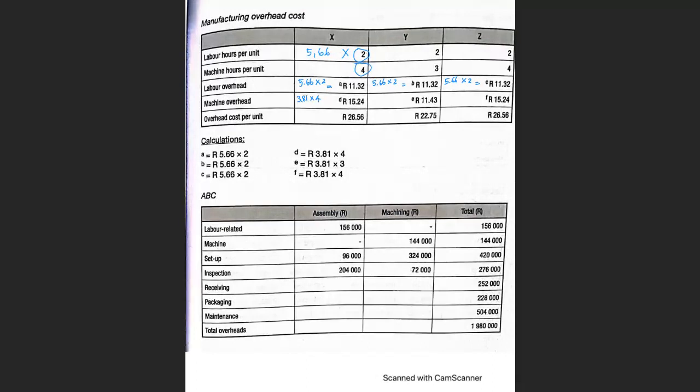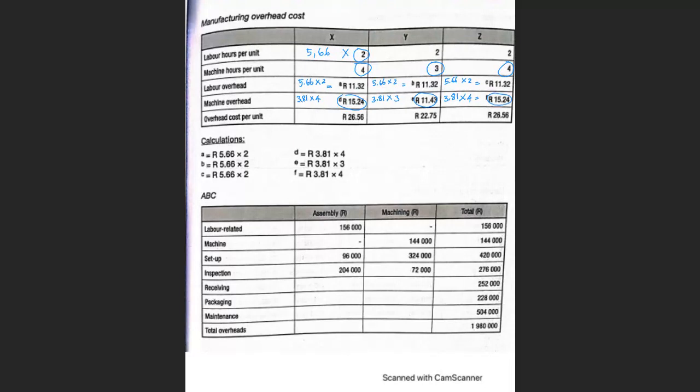For Y, we need 3 hours, so it's times 3. And for Z, we need 4 hours, so it's times 4. So that's how we got to the 15.24, the 11.43, and the 15.24 here as well.